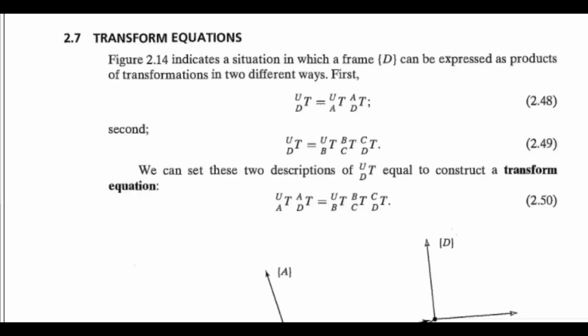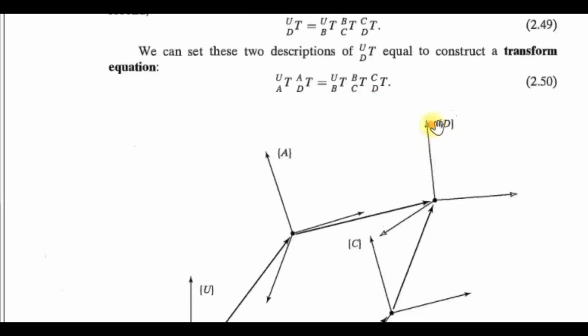So you just calculate the U, meaning we want to know the position of the D frame with respect to the U. So UTD, and it follows the A path. Then we go to the reverse side. First you have to know the ATD, and ATD is nothing but the representation of the D frame with respect to the A frame.